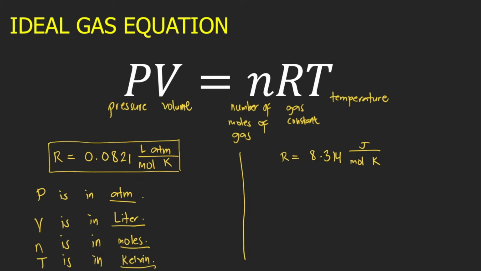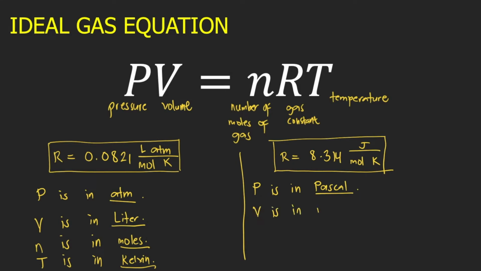On the other hand, if you are using this value of R, 8.314, make sure that your pressure is in Pascal. Make sure that your volume is in cubic meters. Your n is in moles.